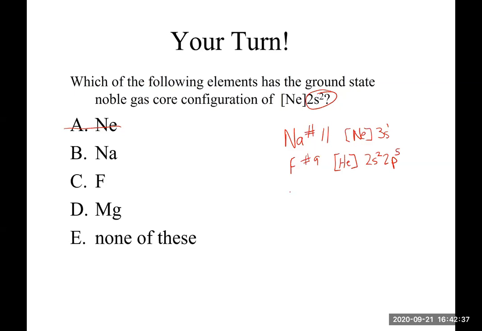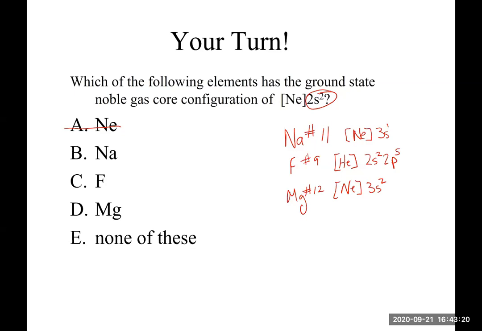If we look at magnesium, magnesium's atomic number is 12. We back up one noble gas from magnesium, and that's neon. And then from neon, to get to magnesium, we would have 3s2, because again, magnesium is in shell number 3. Fluorine is in shell number 2, if you look at the period or row number.